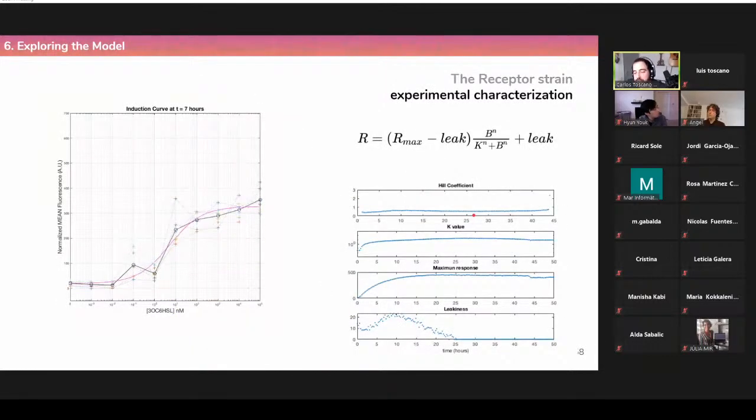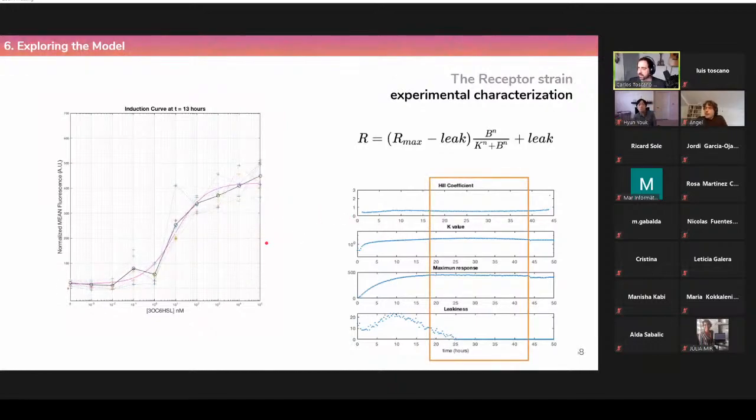We have measured the induction of our receptor strain, and what we did was induce our receptor strain 48 hours after inoculation in Davis media, and you can see that it reaches equilibrium, and we did some fittings of a generic Hill equation with leakiness.